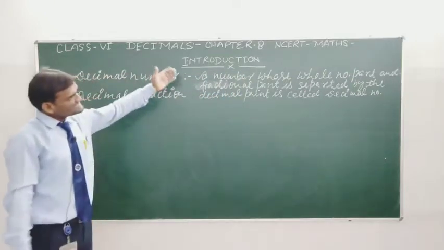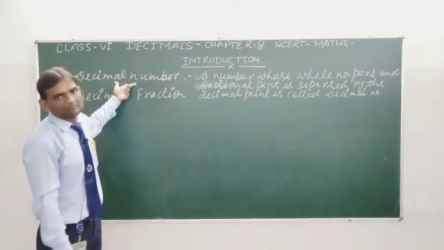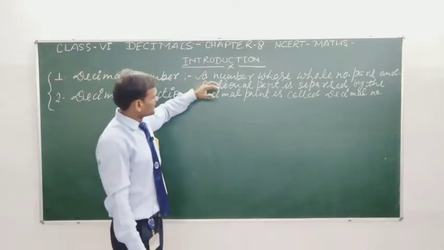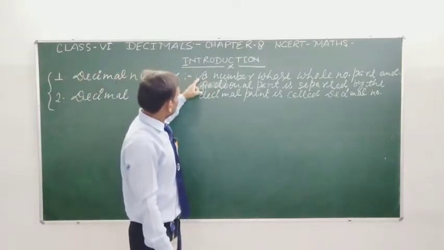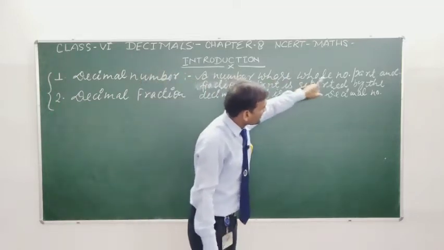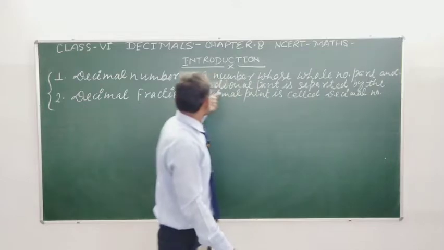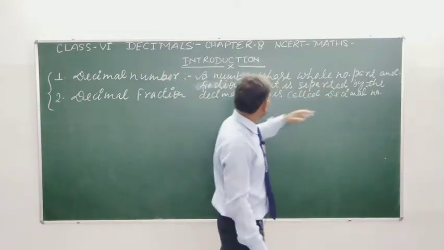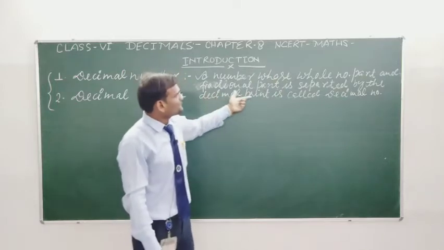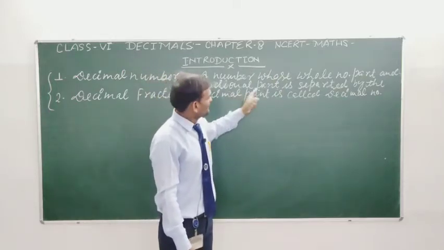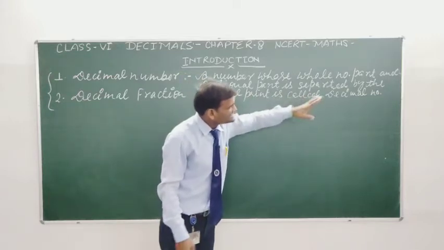Student, this is the definition of the decimal number. It means, I am revising here, a number whose whole number part and fractional part is separated by the decimal point, is called decimal number.